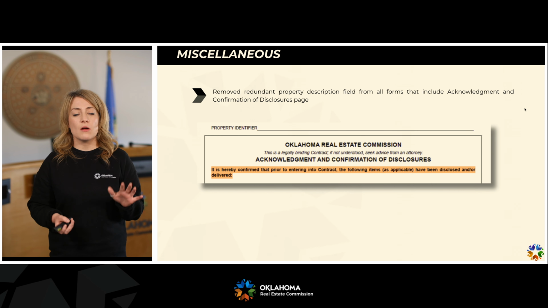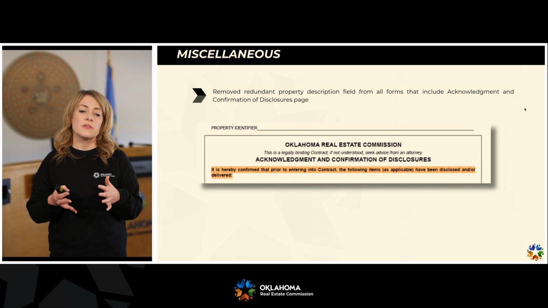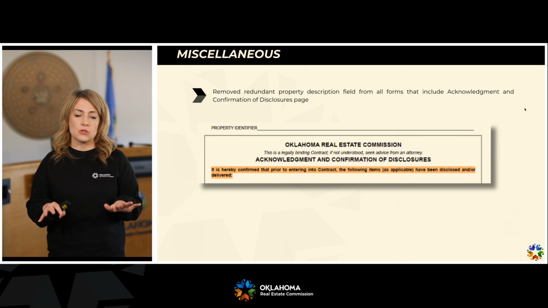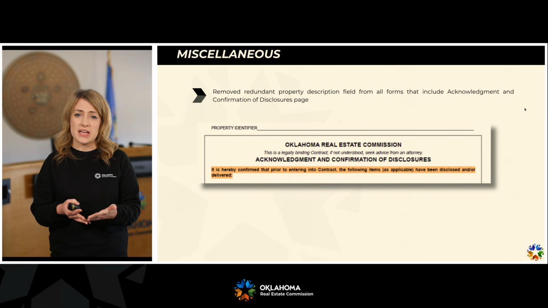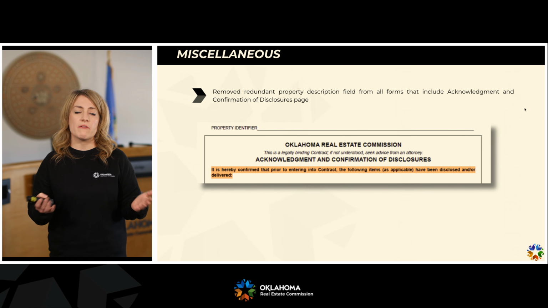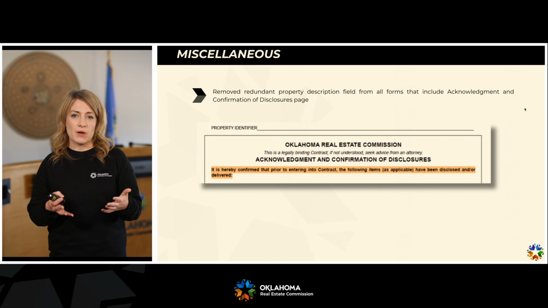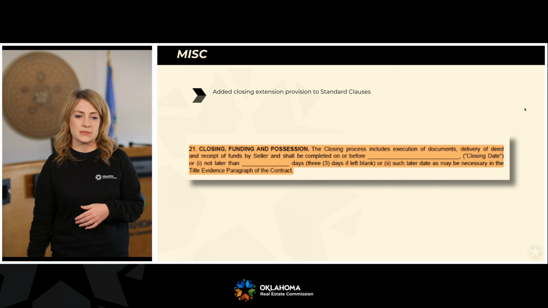And then we found in some of our confirmation of disclosure pages that there was a redundant address added into the form itself. And so because it has the property identifier at the top now, we've removed that redundant address. And that way it's a little bit easier to fill out and find that address right away.